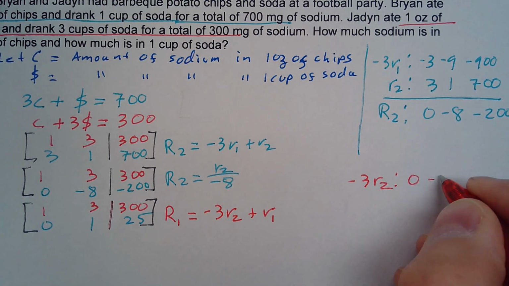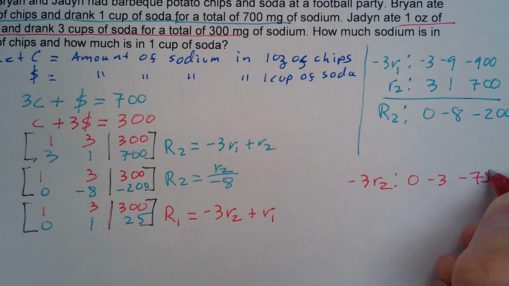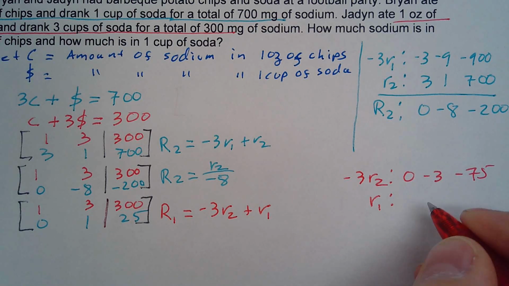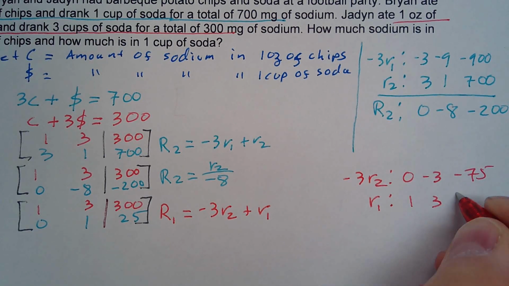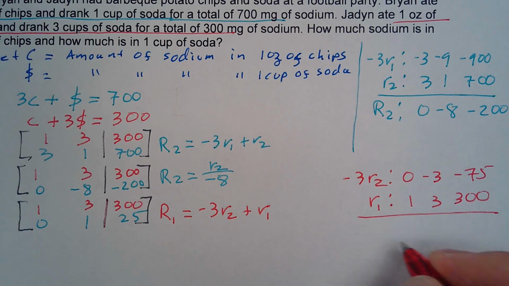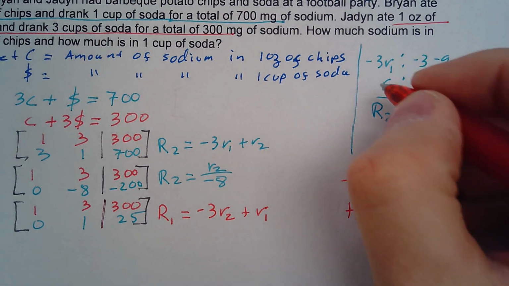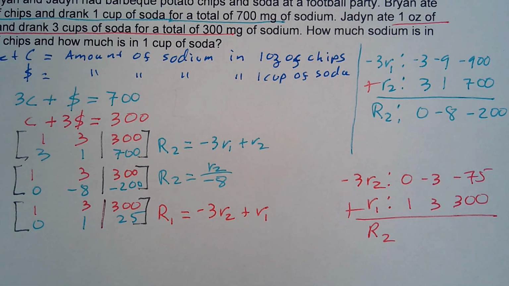That'd be 0, -3, -75. Row number 1 is 1, 3, 300. Add them together. And that gives me 1, 0, 225.